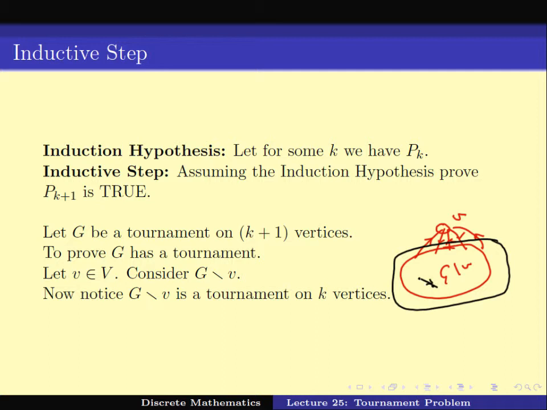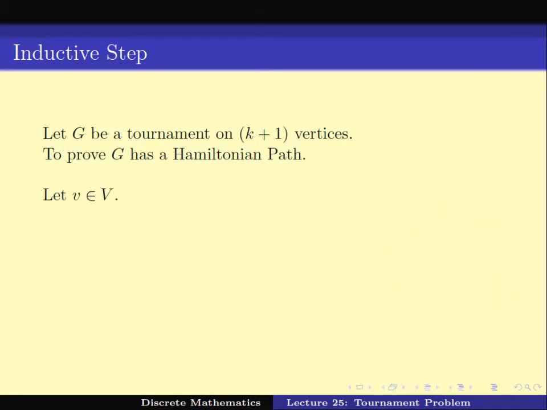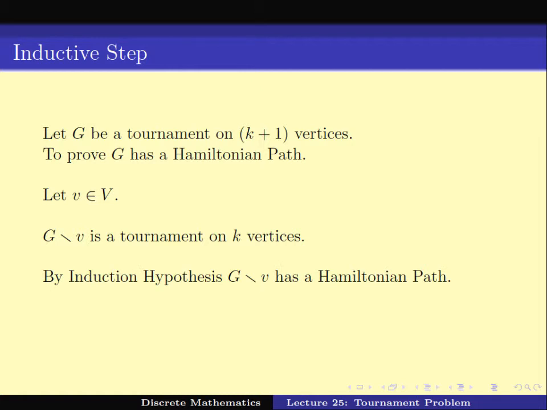That's the definition of a tournament, right? And since G was a tournament originally, this must also be a tournament. So I can apply the induction hypothesis on this problem. We start with V, we look at G minus V, that's the tournament on k vertices, and by the induction hypothesis, it has a path. Right?